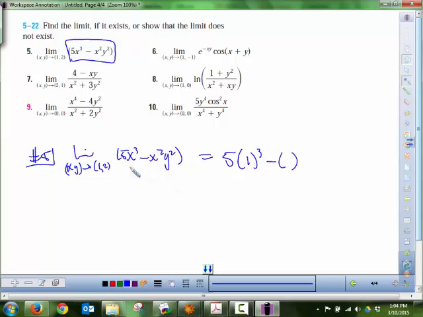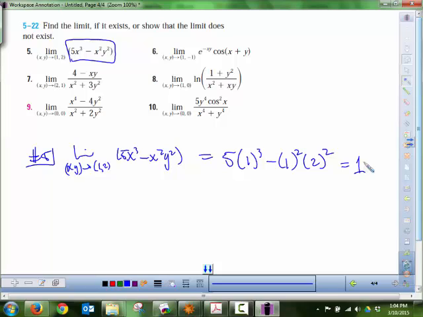And then minus x squared, which is 1. And then y squared. And so there's nothing left to do here other than to figure this out. 1. Okay, so the limit does exist and it's equal to 1.